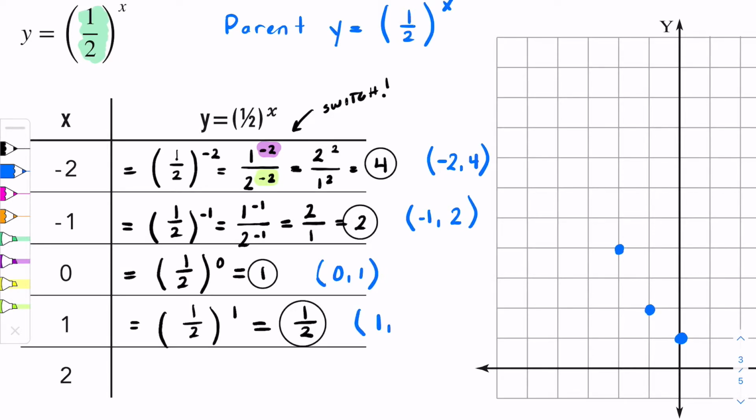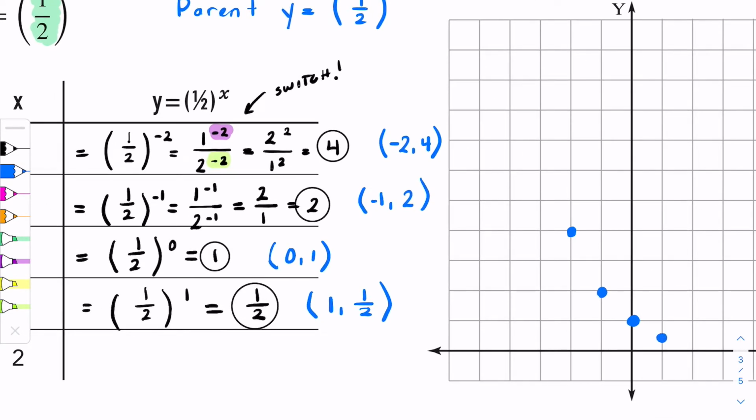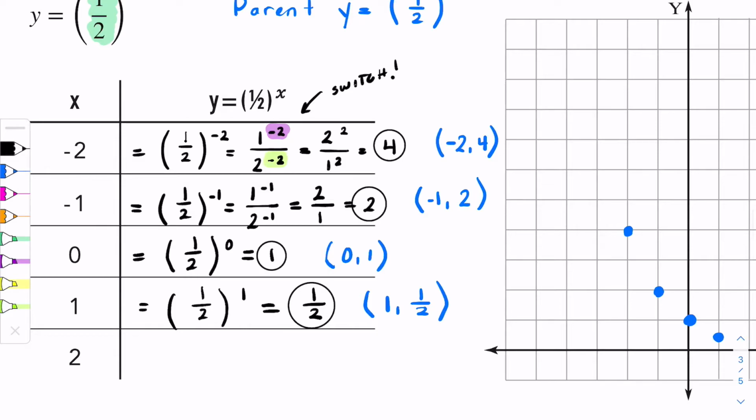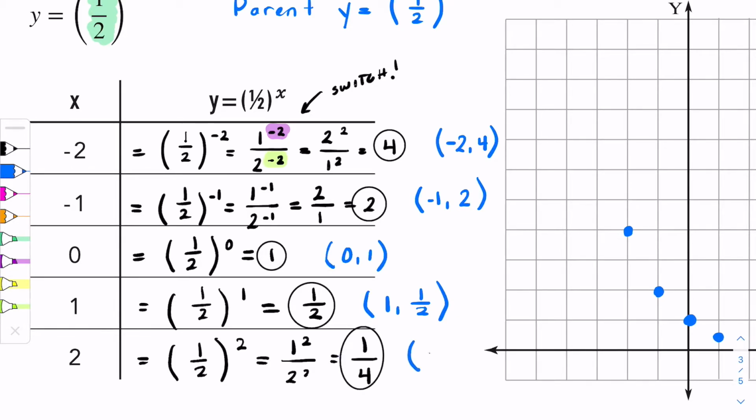Ordered pair at 1, 1/2. And our last test value is 2. 1/2 raised to the power of 2 is equal to 1 squared over 2 squared, which is 1 over 4. Ordered pair is at 2, 1/4.